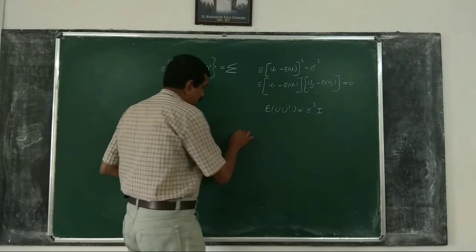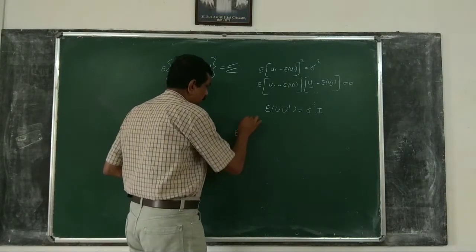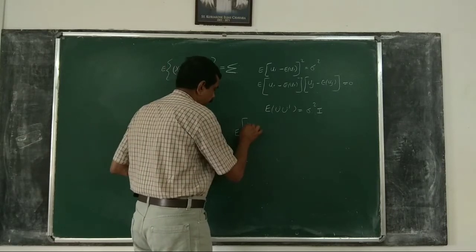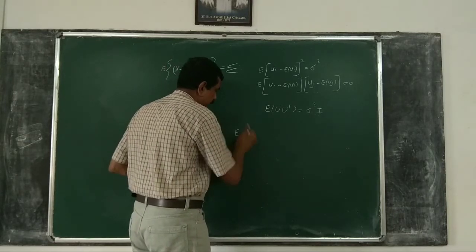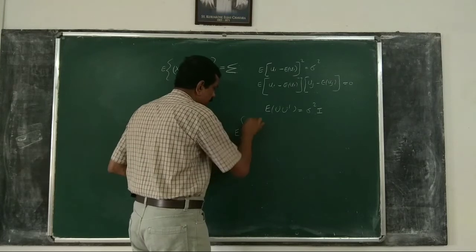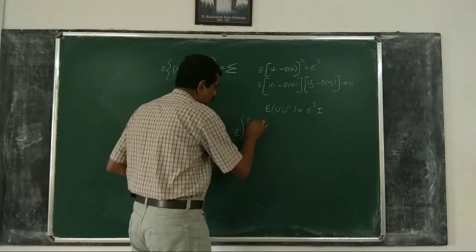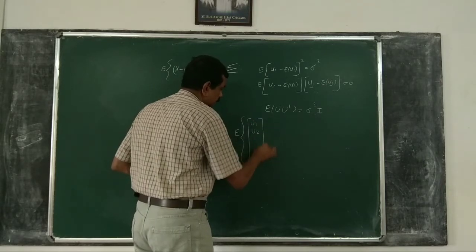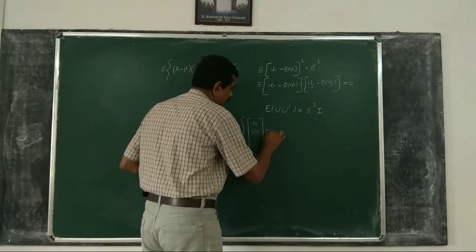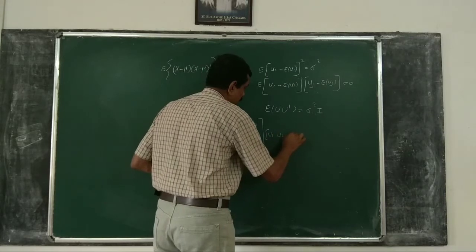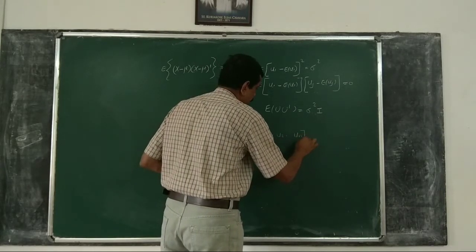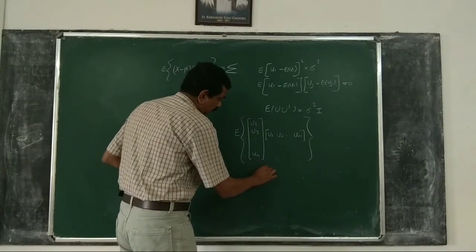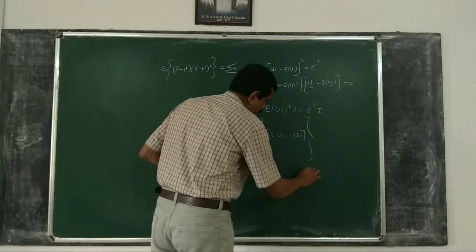Now this can be expanded as the expected value of u, which is u1, u2, ..., un, times u transpose, which is u1, u2, ..., un.